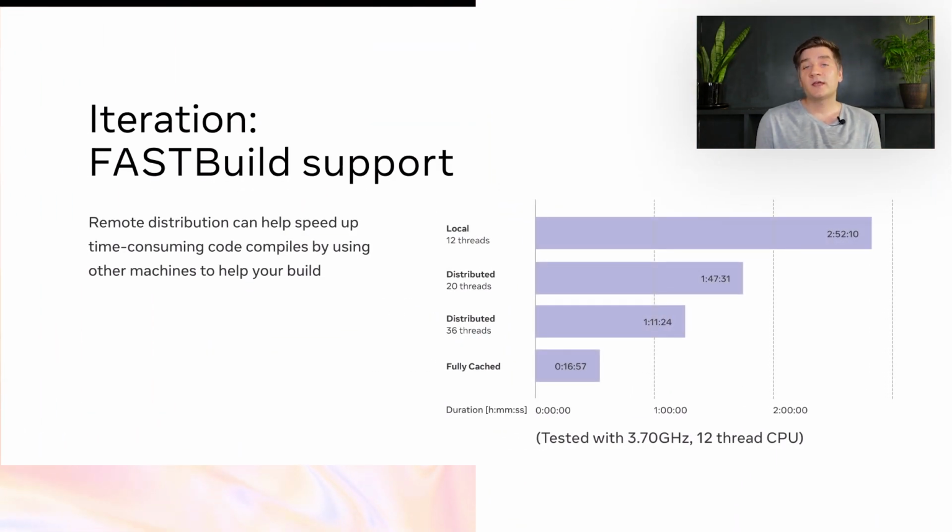Compiling code itself can still be a very time-consuming process. However, as you're aware, code compilation is broken up into many discrete units of work that can be processed in parallel across multiple cores on your machine.